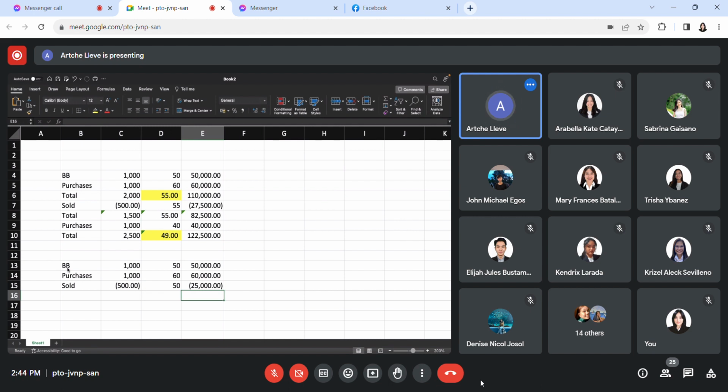25. Next, there was a purchase, another purchase of 1,000. Am I correct? Yeah, 1,000. So that's 40. And how much would that be? 40,000. Now let us say in this problem or in this illustration, nag-sold ta og 2,000.